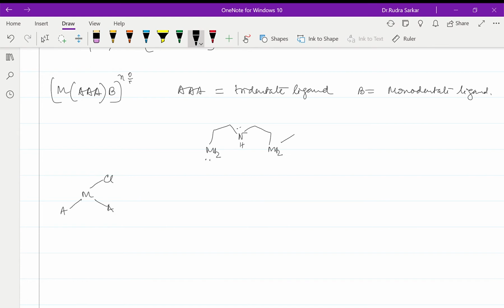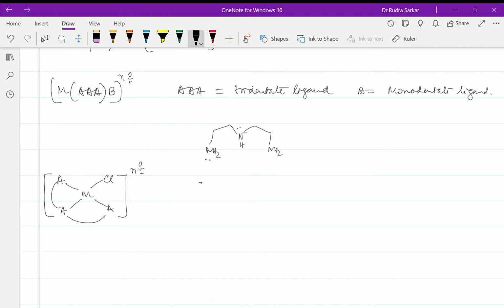These are my donor points, indicated by the A. The curve is indicating the link. So this type of arrangement is only possible for this type of ligand, and no other arrangement is possible.